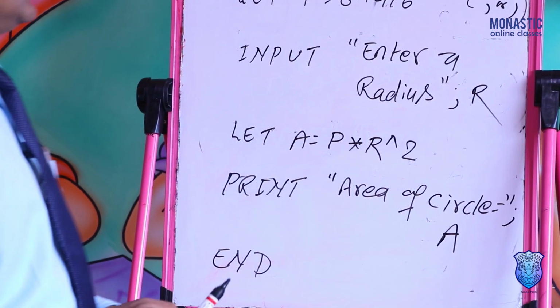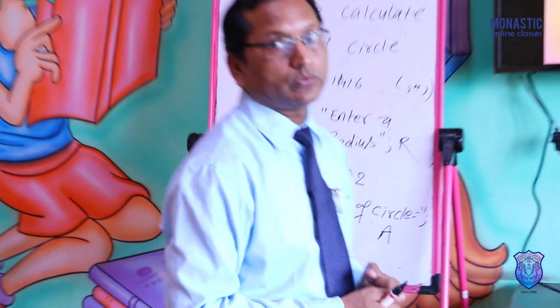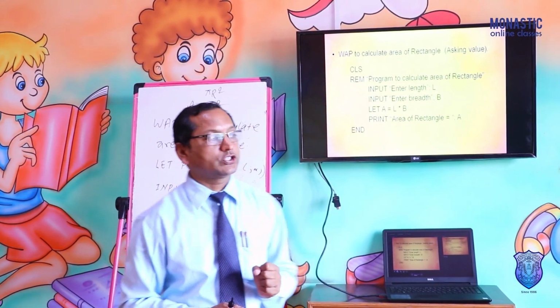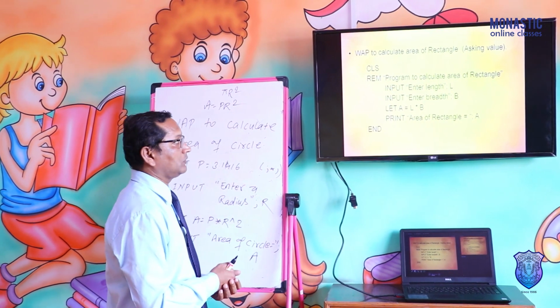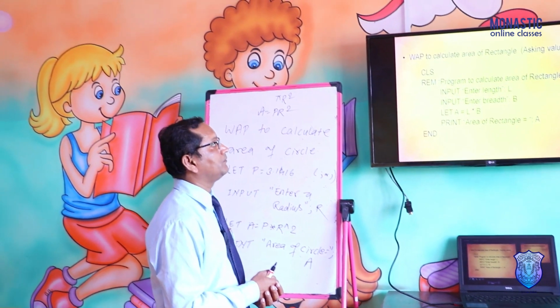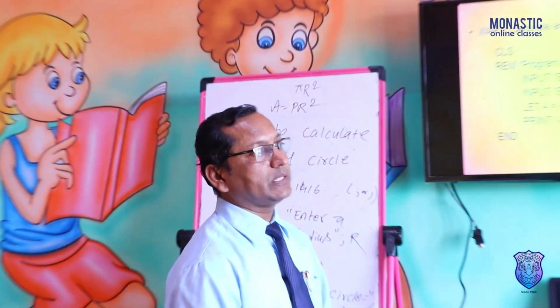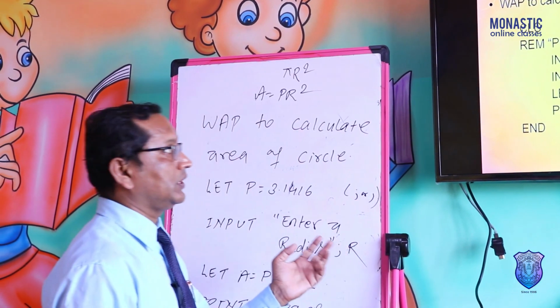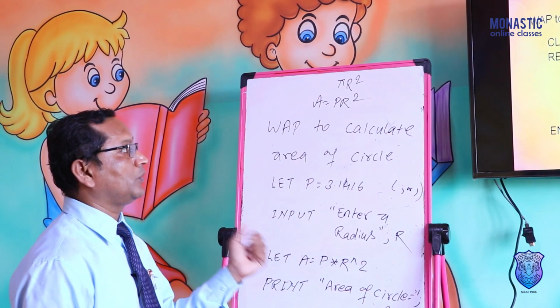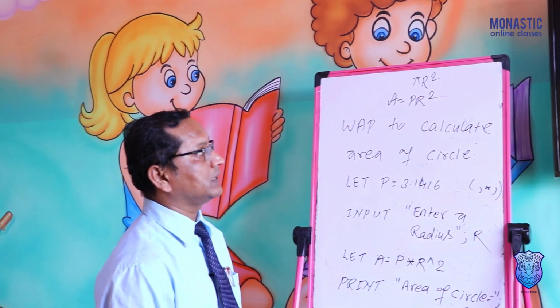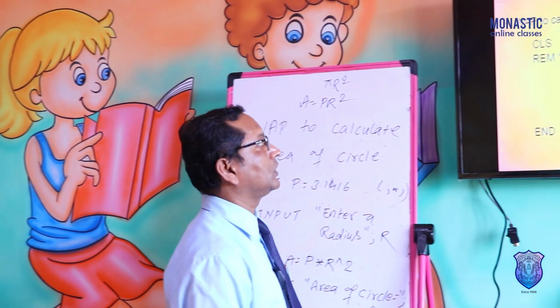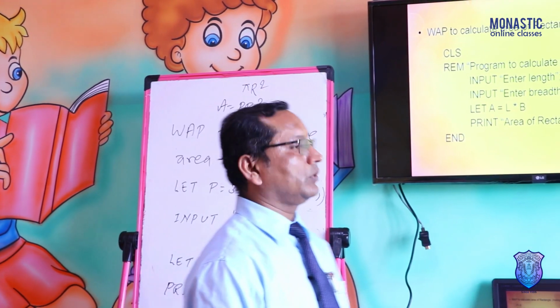In this way, any program you can write according to the question in sequential structure. So up to now, everything we have seen is an example of sequential structure. The first program was by assigning value, and two programs we have seen by asking value. These are all examples of sequential programming.